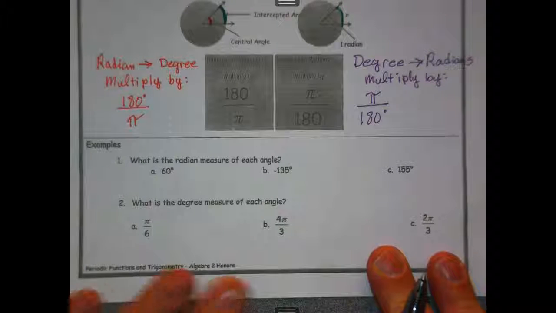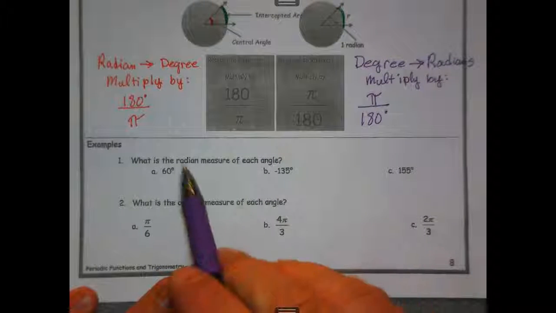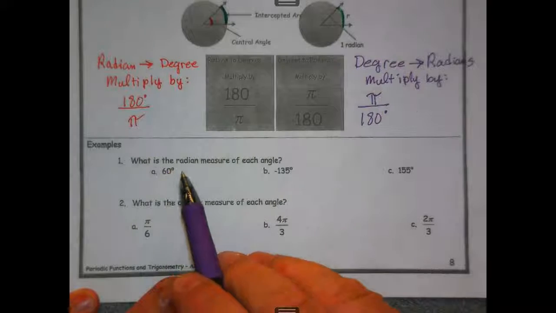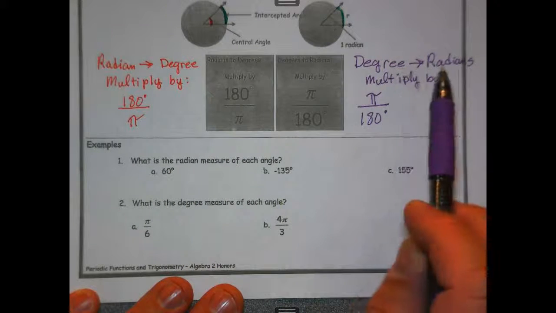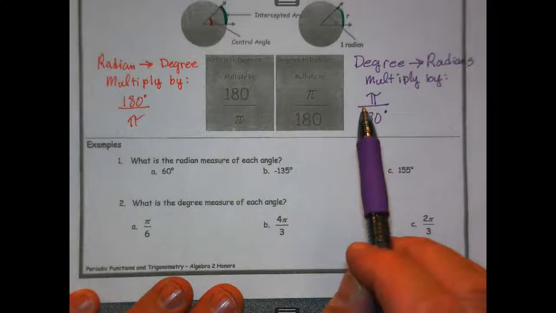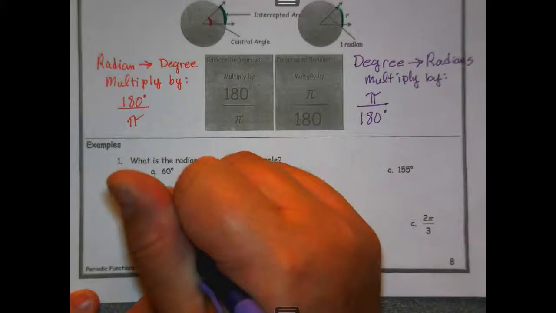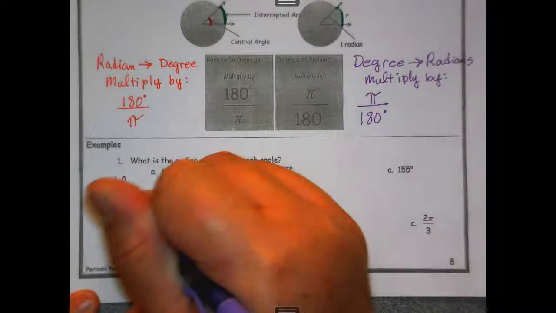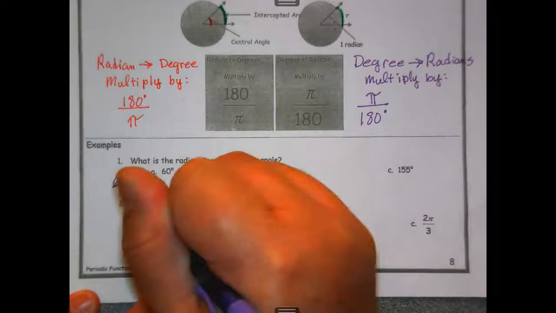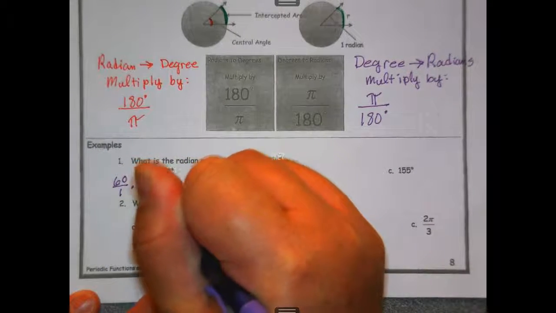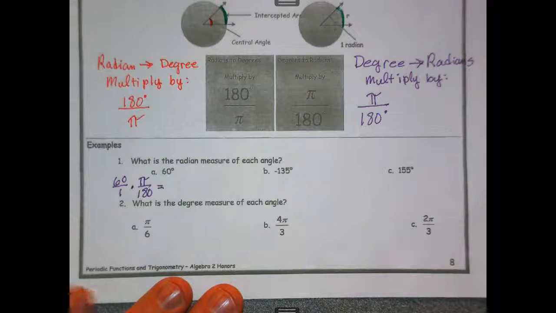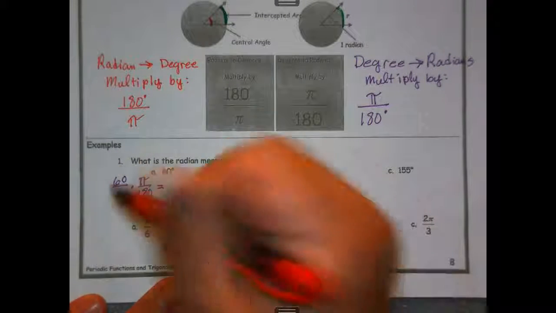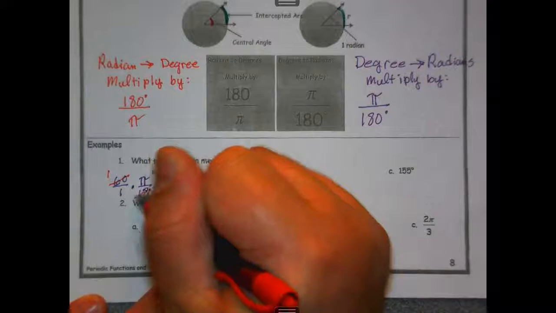We're going to convert from degree to radian measure. So we're going to multiply by pi over 180. So 60 degrees times pi over 180. How many 60s go into 180? 3.